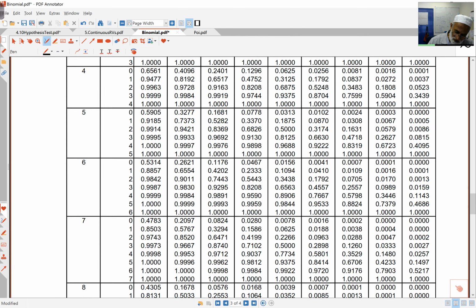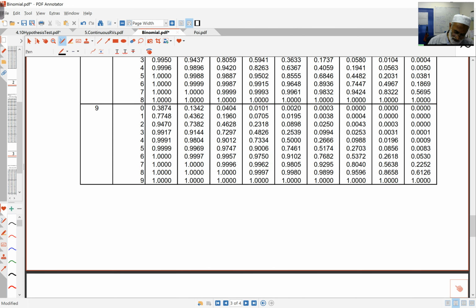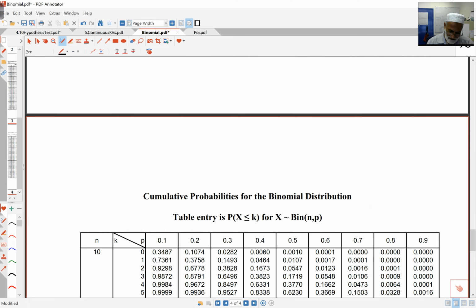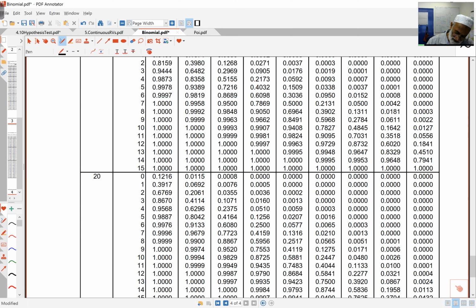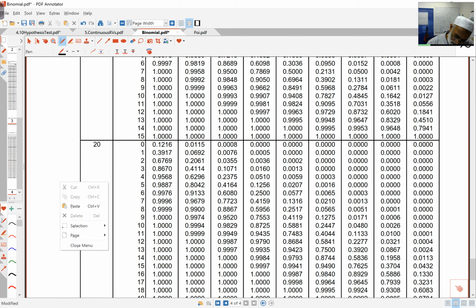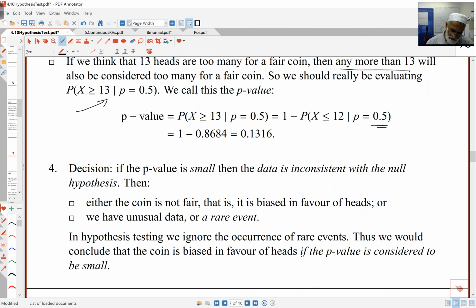So again, I go to n equals 20, and p is 0.5 down the middle here, and I want 12 or less. That's over here, 0.8684. So it's 1 minus 0.8684, and that gives me 0.1316.